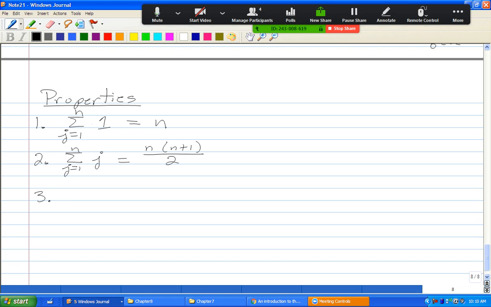His teacher wanted to give them a problem that he didn't think they could ever solve. So he asked the students to add 1 plus 2 plus 3 plus 4 all the way up to 100. And Carl Friedrich Gauss immediately saw that it was equal to 5,050.